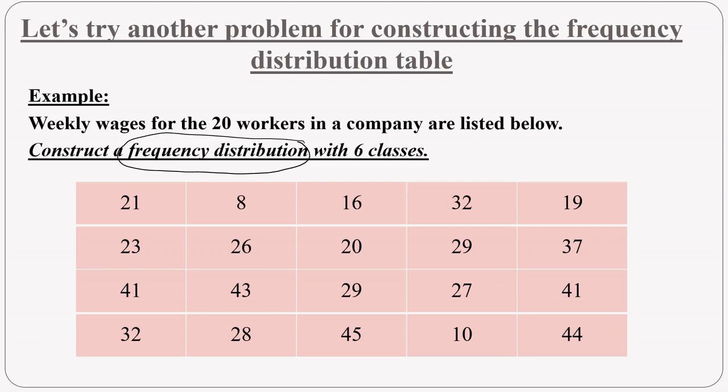You need to identify which is the lowest value. See, from the question, lowest value is 8. And which is the highest value? The highest value, if you see, it is 45. Okay, then we need to calculate the range. Then we need to solve as I have shown you earlier. It is the same problem.